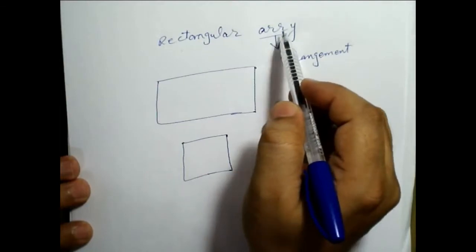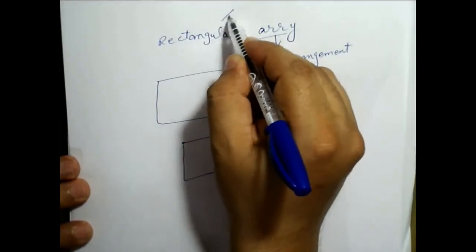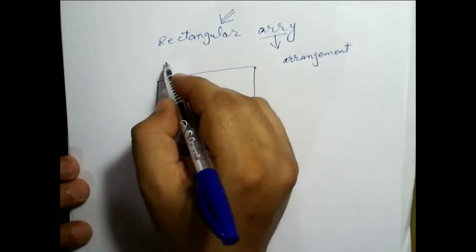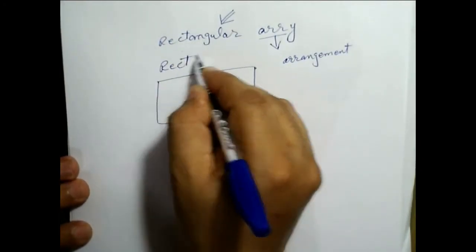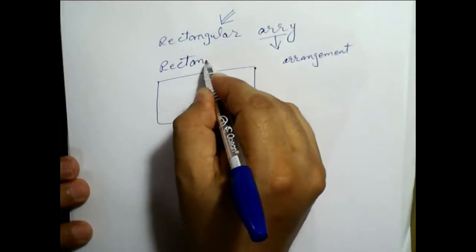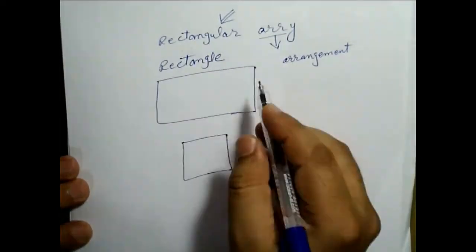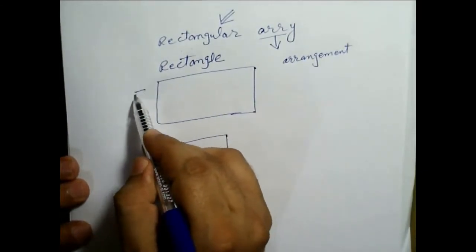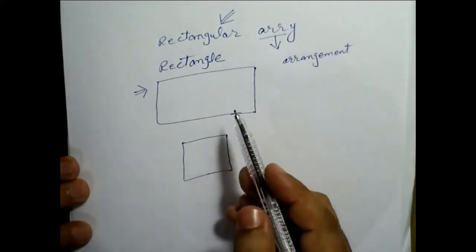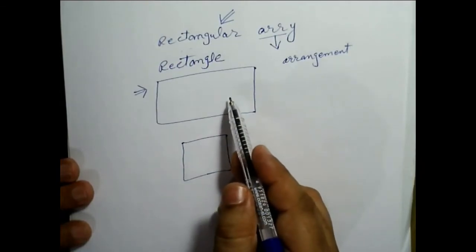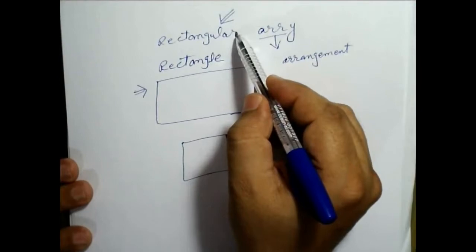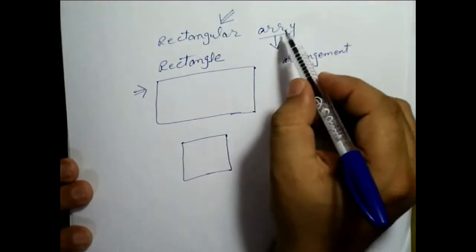Rectangular array. This word rectangular is derived from the word rectangle, which is a shape. Such a shape in mathematics is called a rectangle, and this word rectangular is derived from this word.